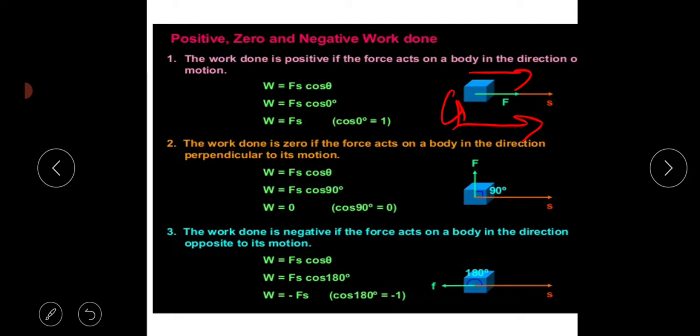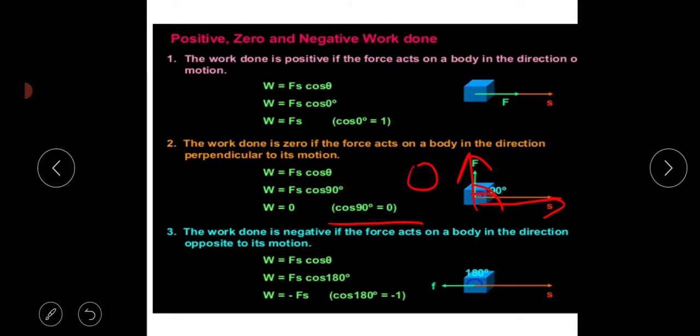Next, work done is 0 if force acts on the body in the direction perpendicular to its motion. If the motion is in this direction and force is applied in this direction, then there is an angle of 90 degrees. Then the work done will be equal to 0 because cos 90 is equal to 0. W is equal to F S cos theta, F S cos 90. Cos 90 is equal to 0, so W is equal to 0.